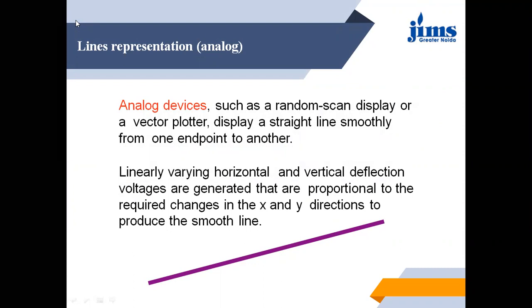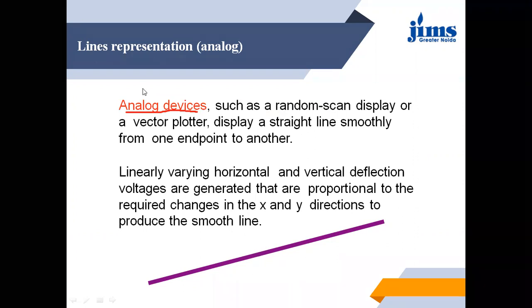That's a smooth line. In analog devices such as a random scan display unit, a vector plotter displays a straight line smoothly from one endpoint to another endpoint.